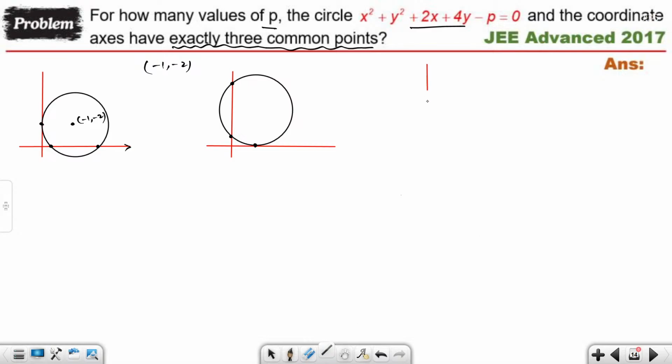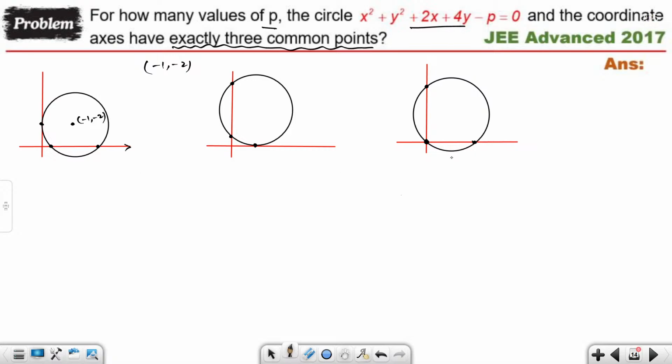When the circle is passing through the origin and intersecting the x and y axes in this way. In this case also, if you observe, there are exactly 3 common points between the circle and the coordinate axes. So these are the 3 cases which are possible.